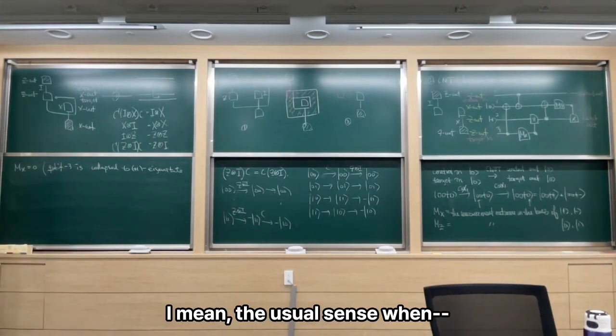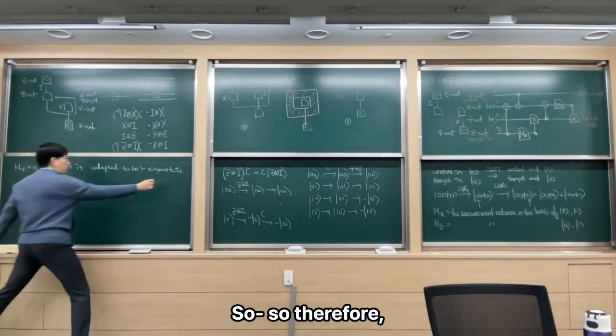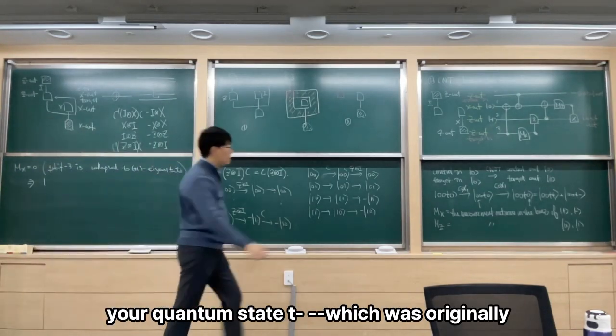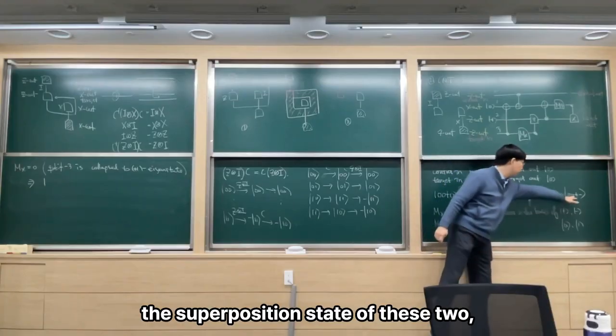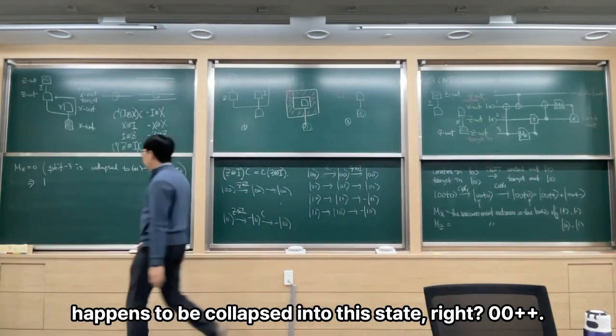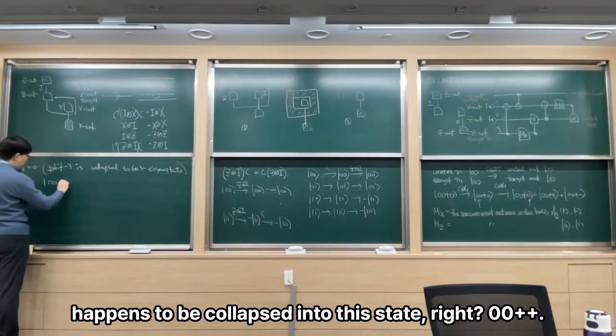In the usual sense, if you take a projective measurement, then whatever you get as a 0 is always the +1 eigenstate. So therefore, your quantum state, which was originally the superposition of these two, happens to be collapsed into this state, right? 0, 0, plus.